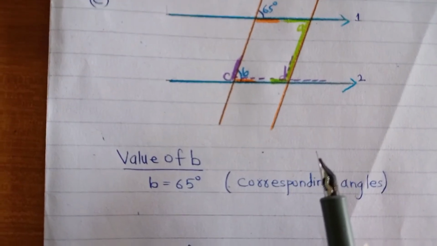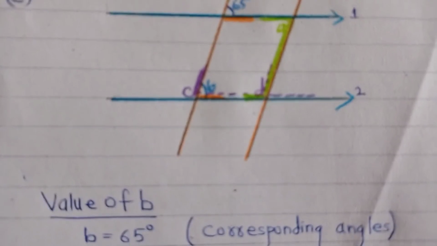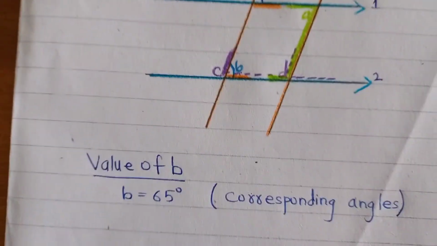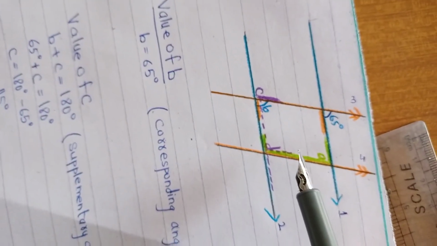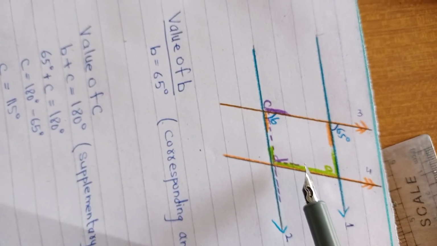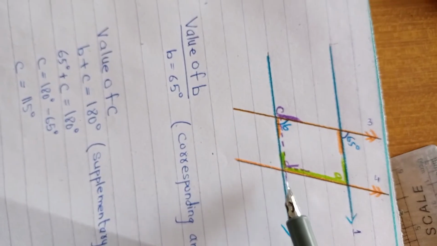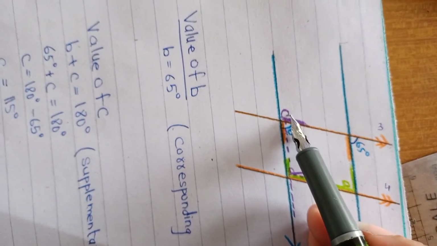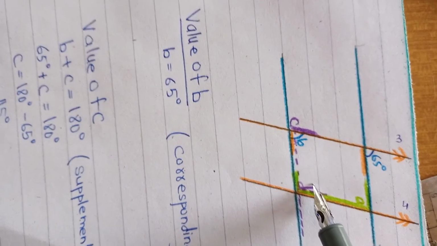After solving it, I will come back to my figure and see which letter I can solve next. Looking at the figure carefully, I can see that I can solve D. For that I have to turn over my figure and look at it carefully. I can see that two orange parallel lines are cut by the second parallel line, and they are forming corresponding angles, that is C and D. You have to focus on the purple dotted line.